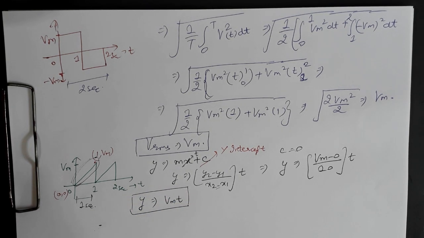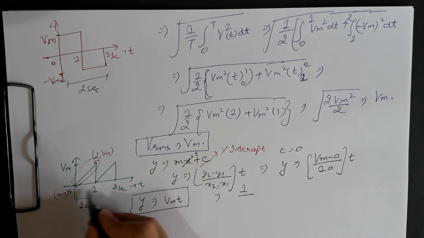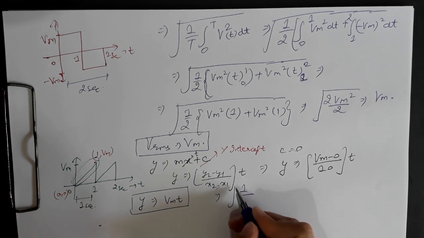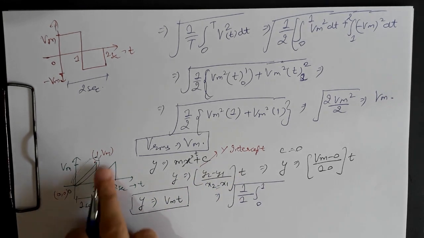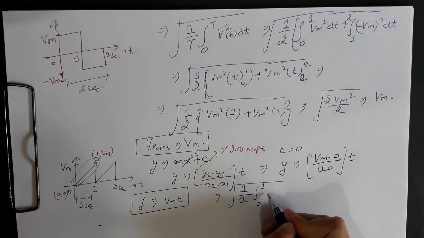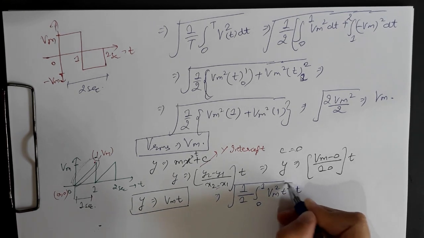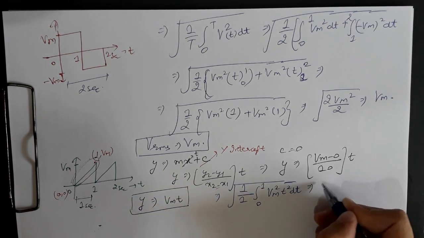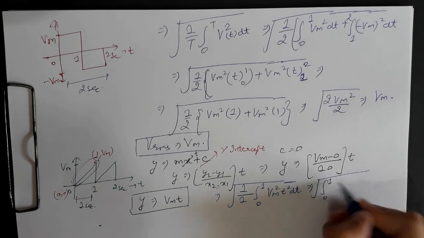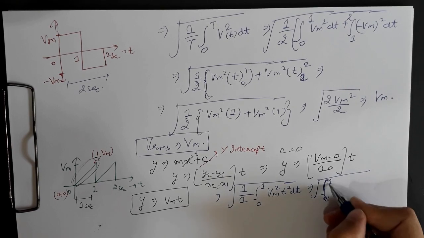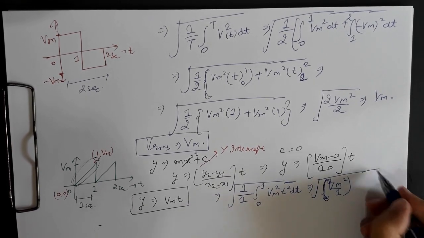Now friends, we have to find the Vrms. 1 upon T, T is 1 second here, from 0 to 1. The equation of this is Vm into t, so Vm square into t square dt. Integrating it from 0 to 1, Vm square upon 1 is as it is.